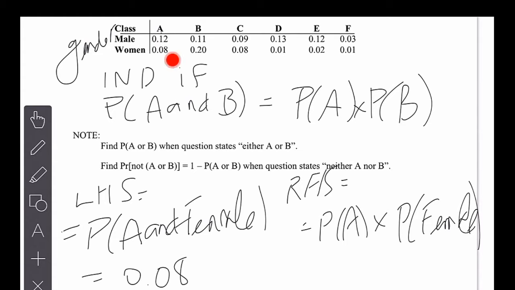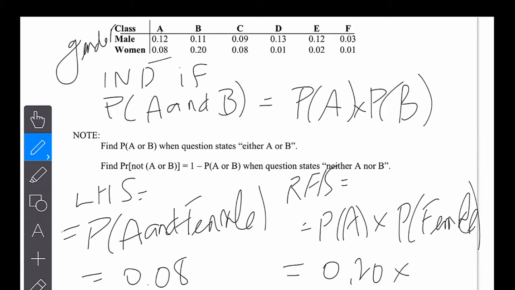Both of those together are disjoint because you're either one or the other, and that would create the probability of A. Because there only can be two genders. So I just sum these together, and that makes 20%. So that's 0.2 or 0.20.